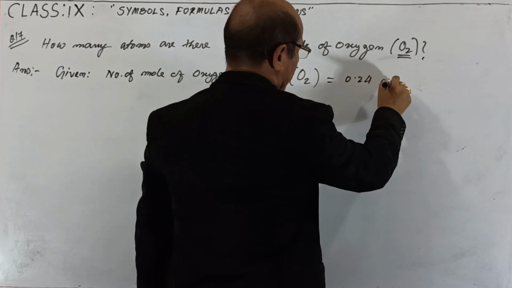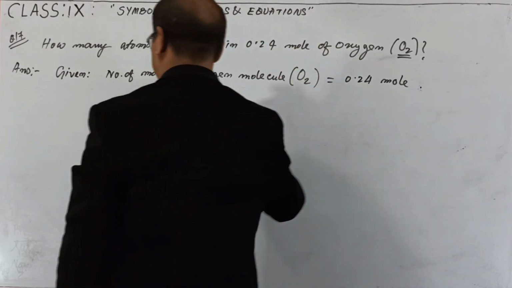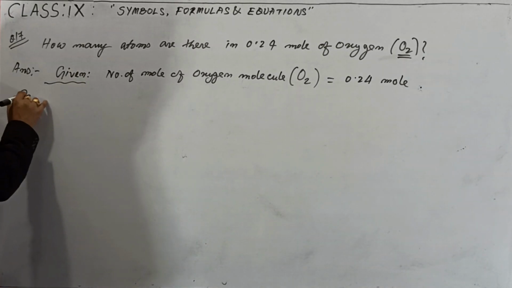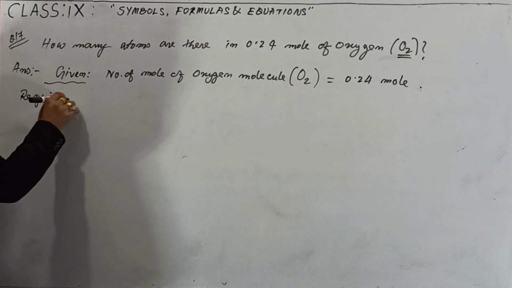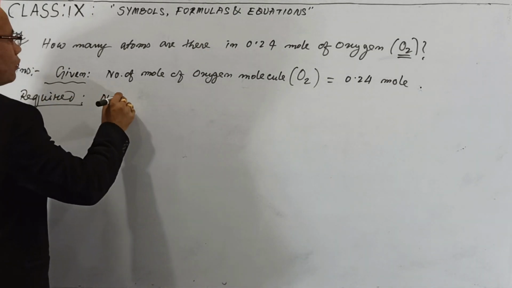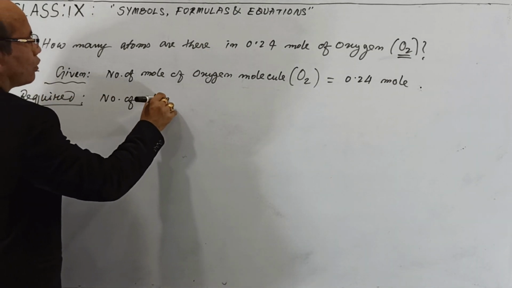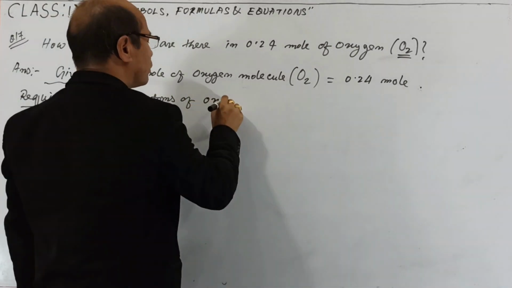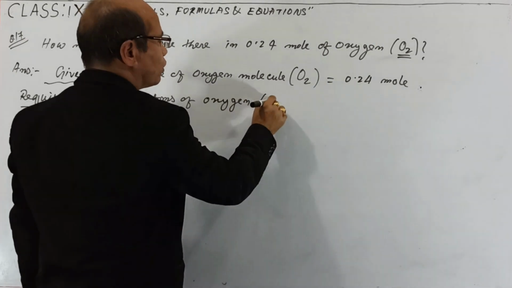0.24 mole. This is given. And what is X? Let us write required. Number of atoms of oxygen. Symbol is O only.